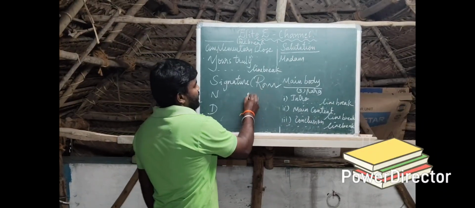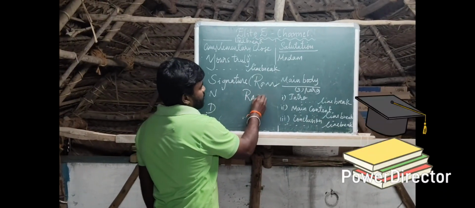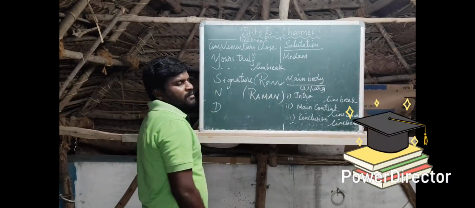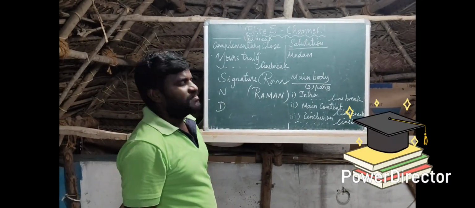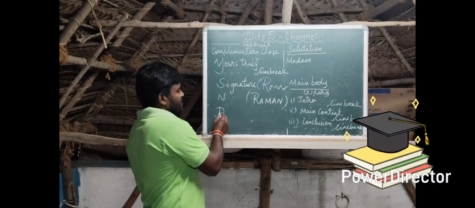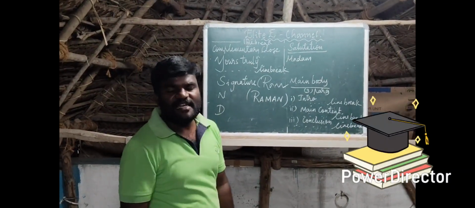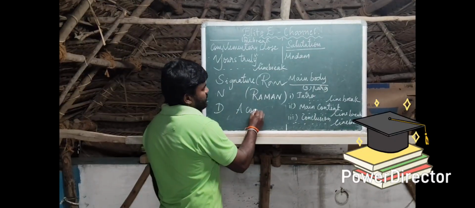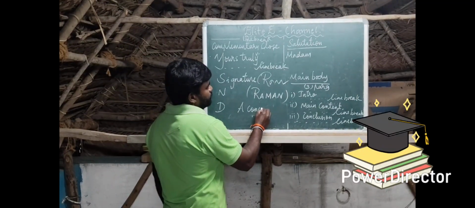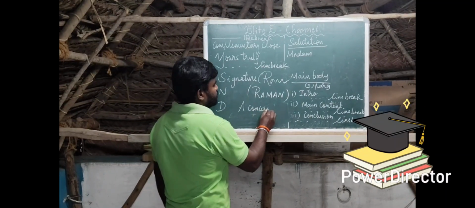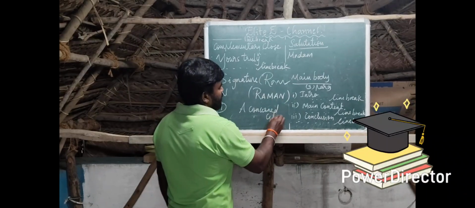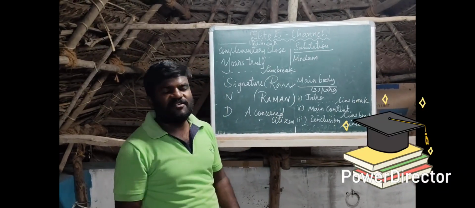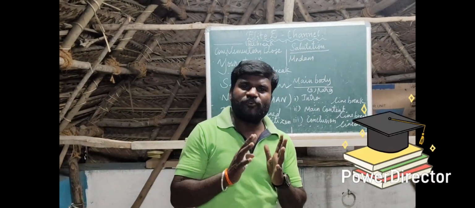Signature, then the capital name, RAMAN, including bracket marks. Then D stands for designation or position. It is about a concerned citizen. Concerned citizen.